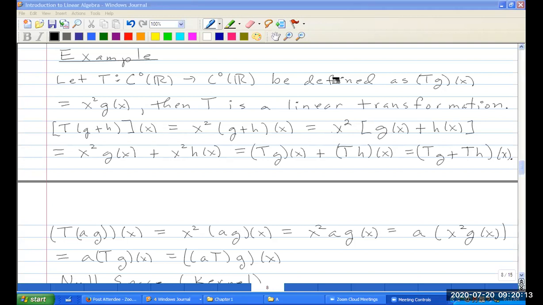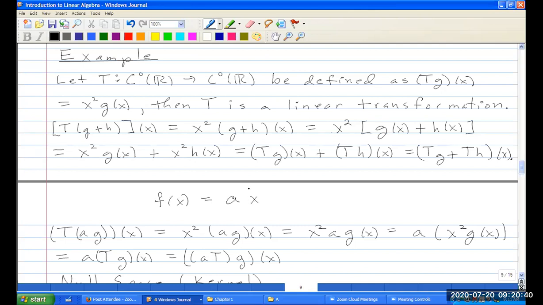I'm not sure what the question is, so I'm sorry. Can you explain how it turns into x squared? That's the definition of my function. If I said f of x is equal to x squared, that's the definition of my function, right?